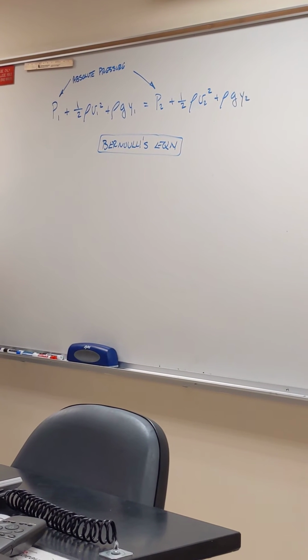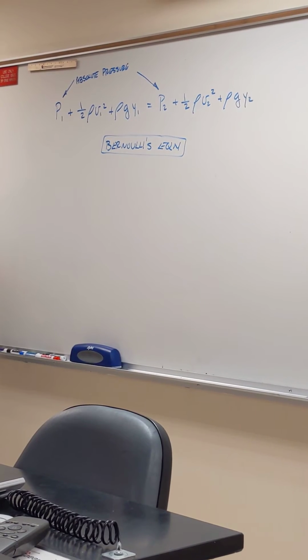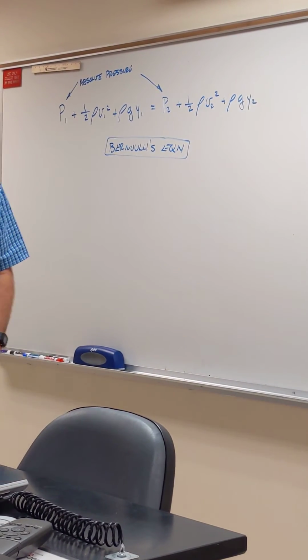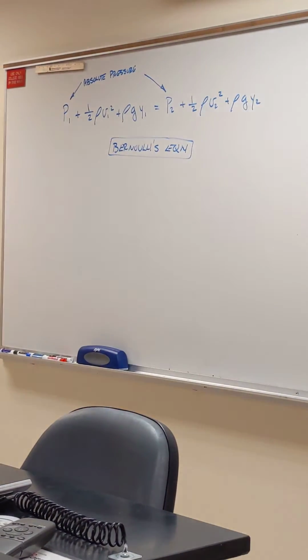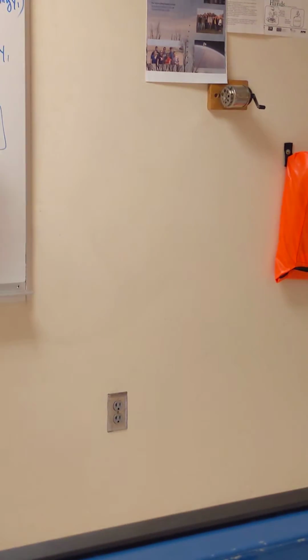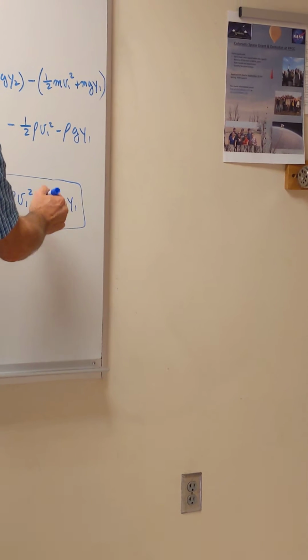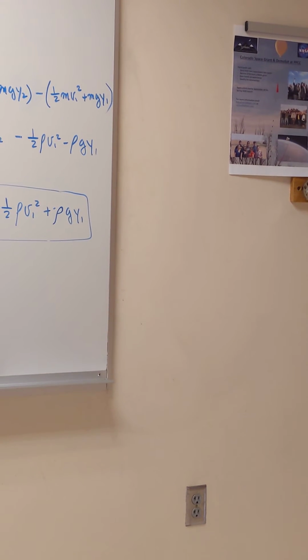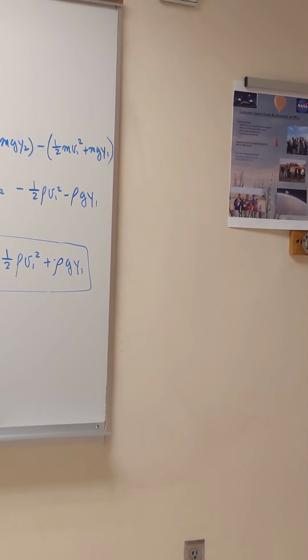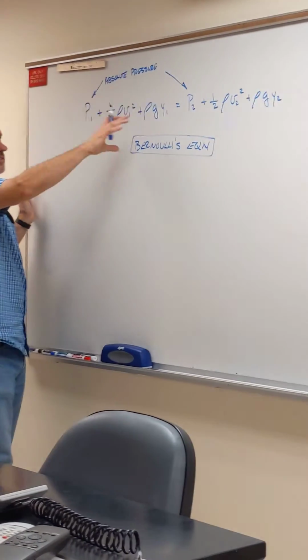Looks just like that one. No, it's an M instead of a rho for the g y. Oh, that's just a mistake. Sorry. M over V. You need to know this one. So this is Bernoulli's equation.